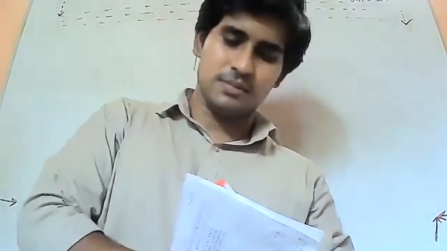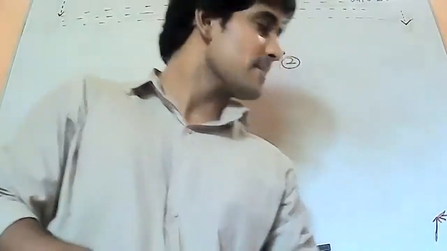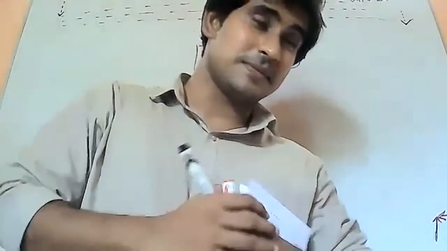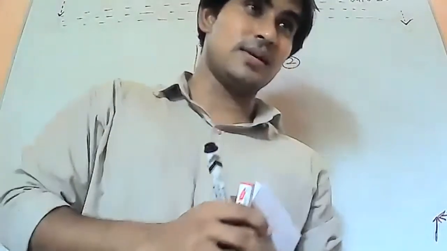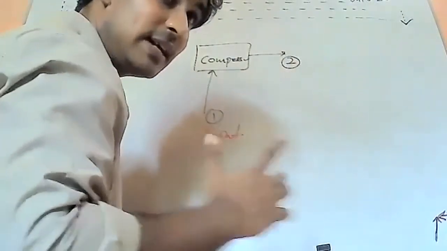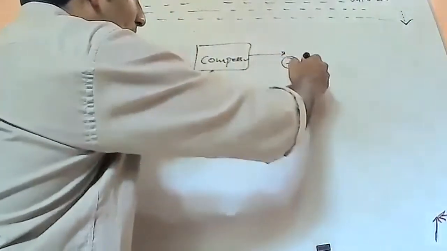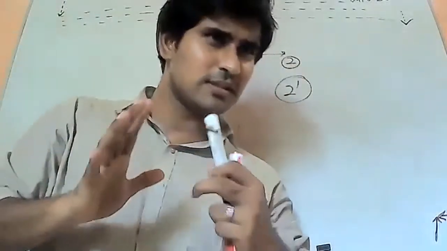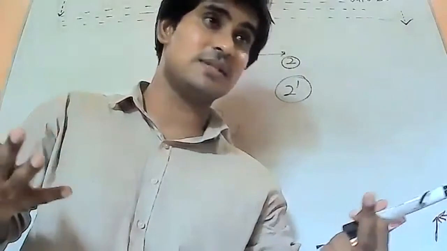But because of this efficiency, according to the actual scenario, the point 2 is not the same, so let's call that 2 dash, because now we are going to discuss the actual scenario.